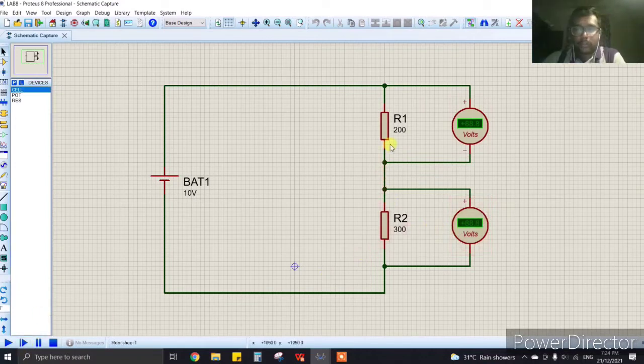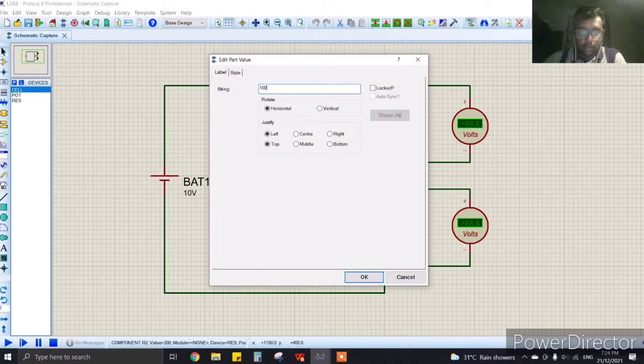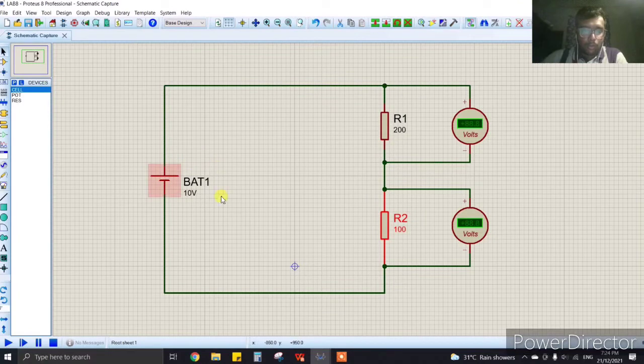So for the first load, which is 200 ohm and 100 ohm, let me change this value into 100 ohm. The voltage that we are using is 10 volt. So let's simulate this value. We obtained 6.67 and 3.33 volt for resistor 1 and resistor 2.